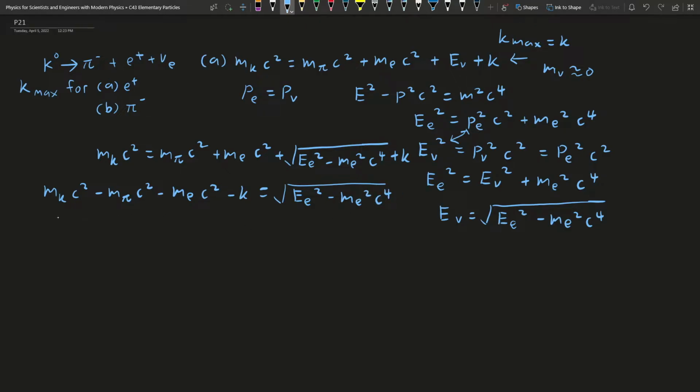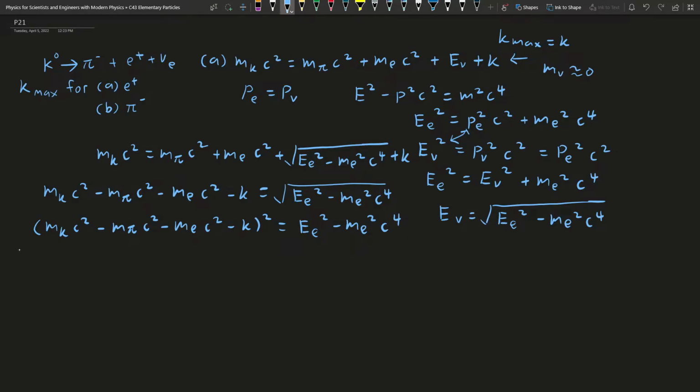Now we square both sides. We get m_K c² minus m_pion c² minus m_e c² minus K, the whole thing squared, becomes E_e² minus m_e²c⁴.